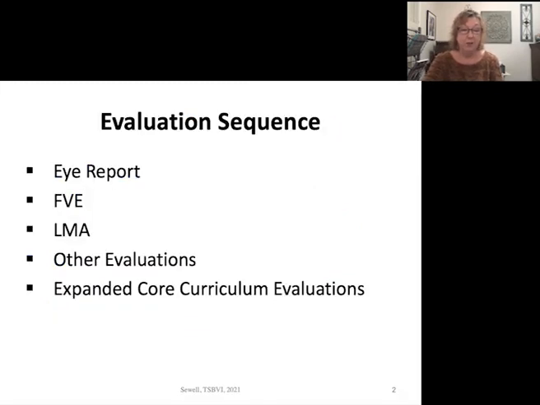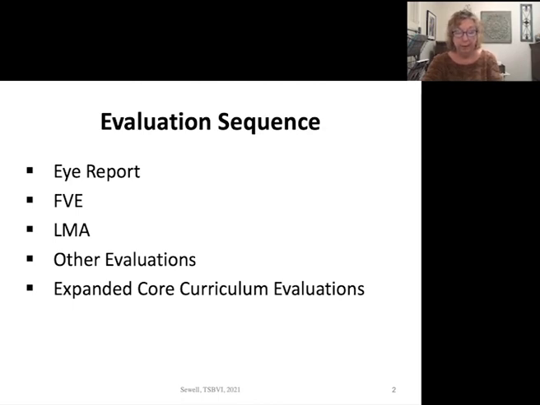The evaluation sequence that we're going to talk about is obtaining the I report, doing your functional vision evaluation and your learning media assessment. Then other evaluations will be done by other people, the SLP and the PT and the OT, and sometimes diagnosticians.